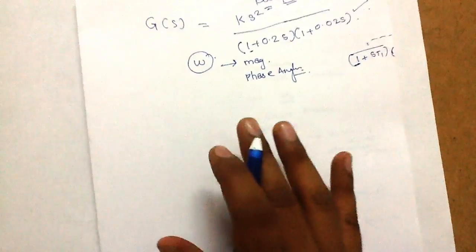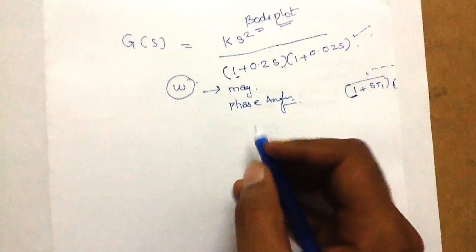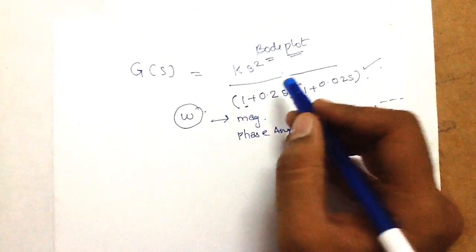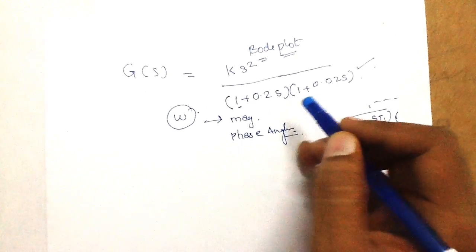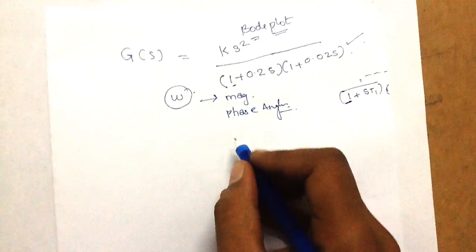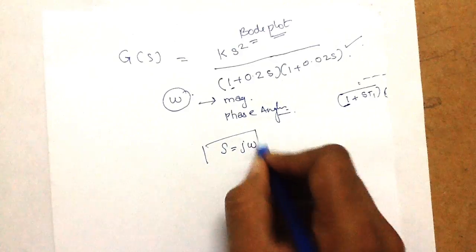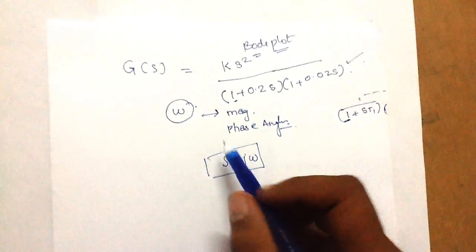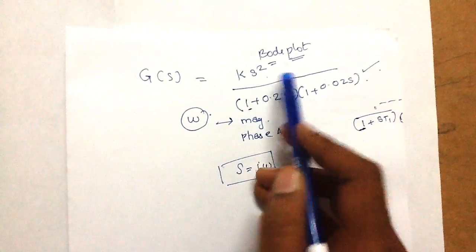So now coming back to how we are going to obtain the magnitude. First you have G(s) equal to K s squared by (1 plus 0.2s) into (1 plus 0.02s). The major substitution we are going to do is s equal to j omega. Everywhere where s is there in this equation, replace it with j omega.